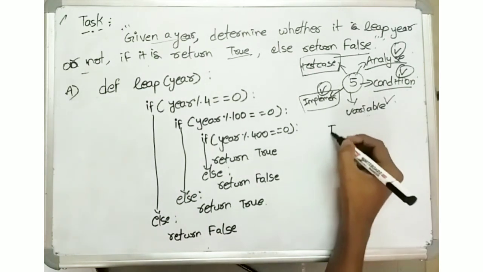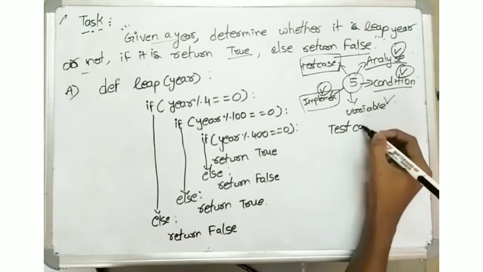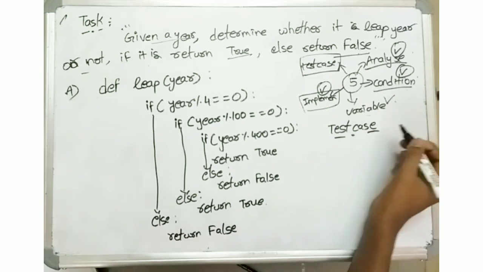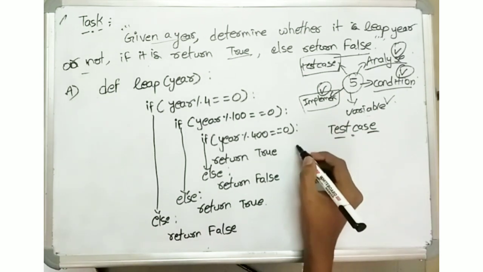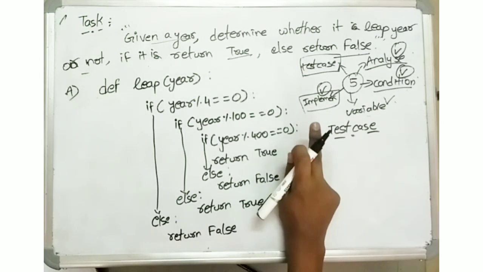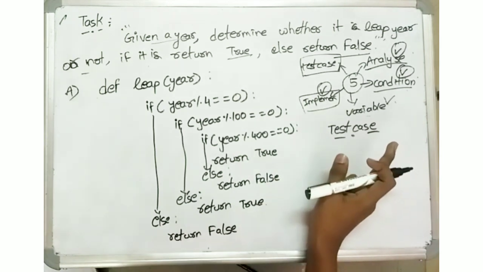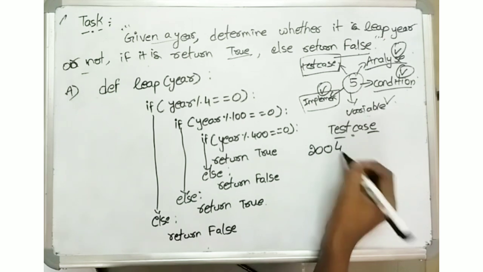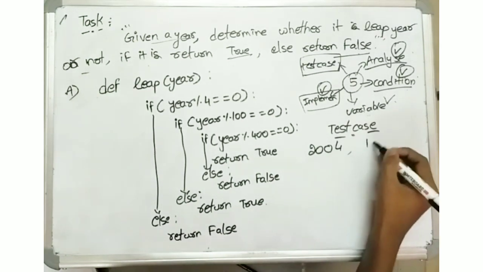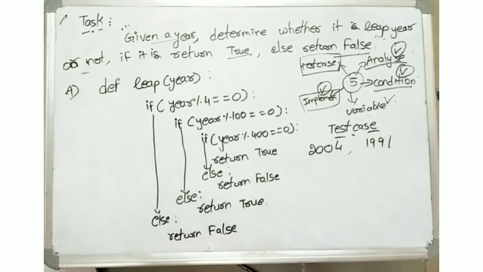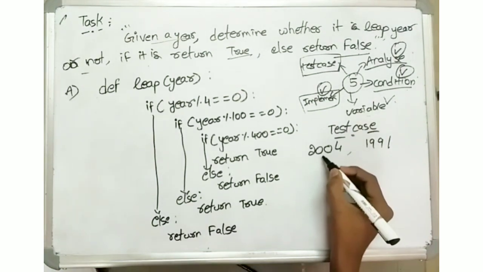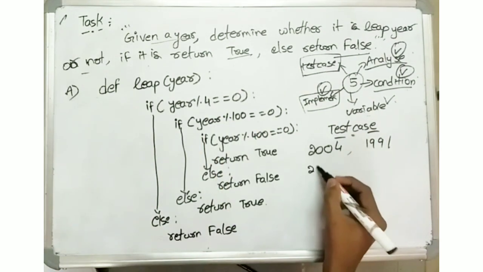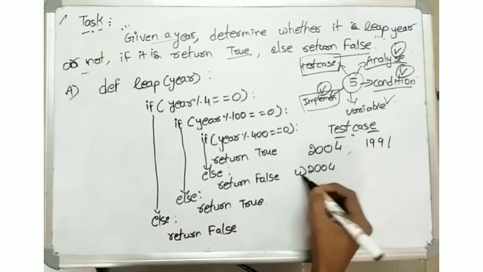We need to take some random inputs, right? Take one right test case and one wrong test case. Let me take 2004 and 1991. 2004. First, check whether it is divisible by 4 or not.